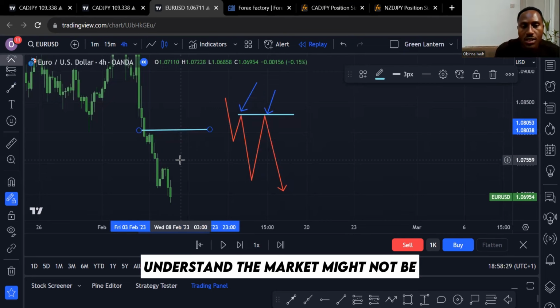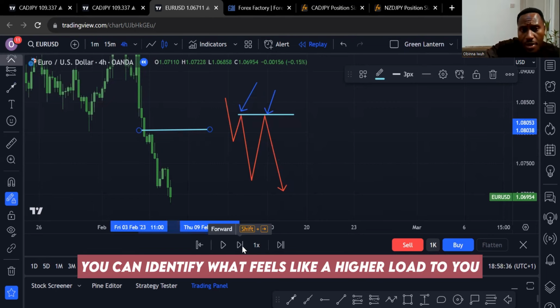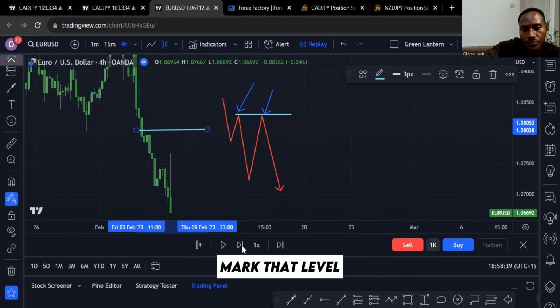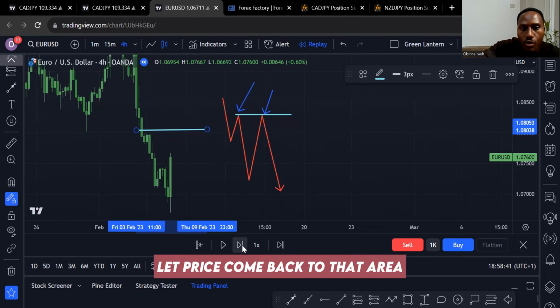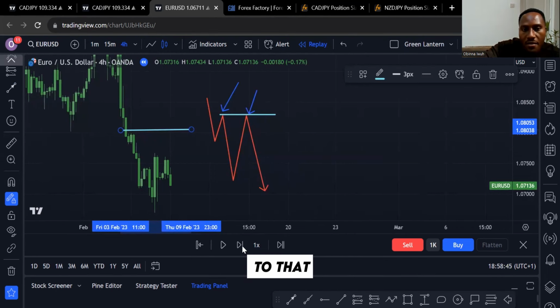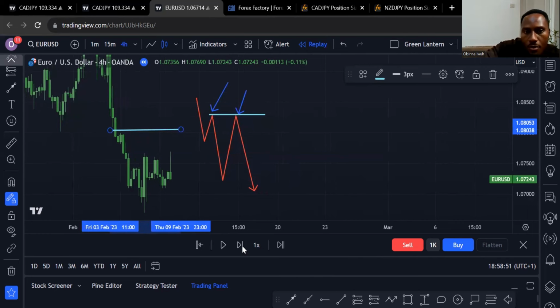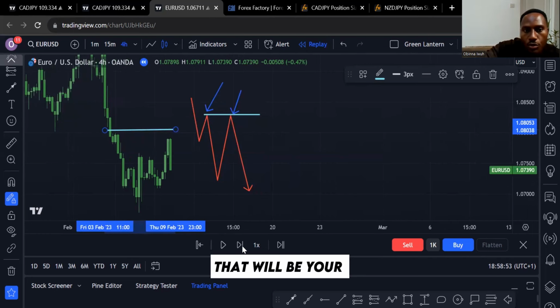The way you understand the market might not be the same way I understand it. What matters most is you can identify what feels like a higher low to you. Mark that level and let price come back to that area. When price comes back to that area, then you can look for an entry position. That will be your double top.